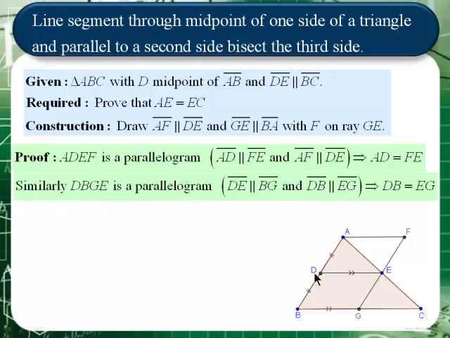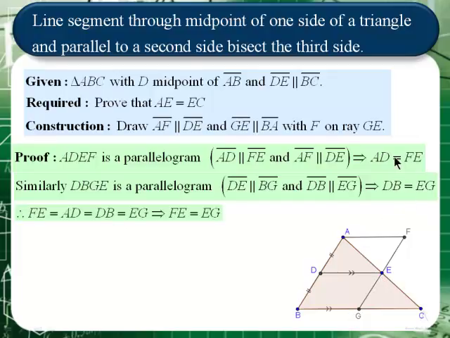In a similar way, quadrilateral DBGE is also a parallelogram. You can check it again. The reason is because both pairs of opposite sides are actually parallel. And because DBGE is a parallelogram, we can then conclude that DB is equal to EG, because opposite sides will be equal.